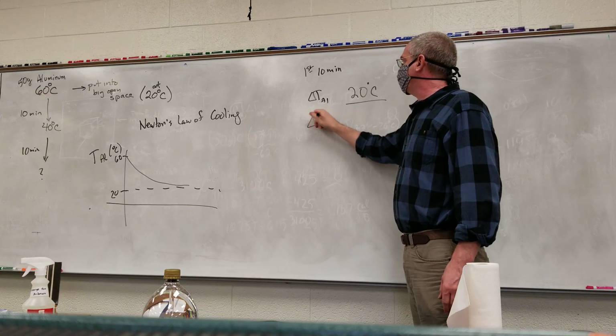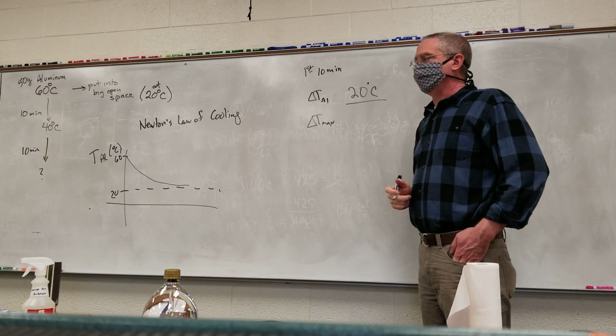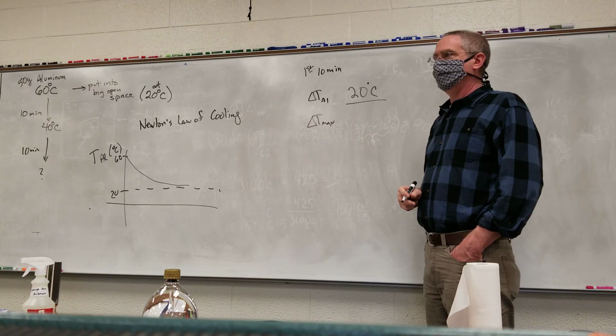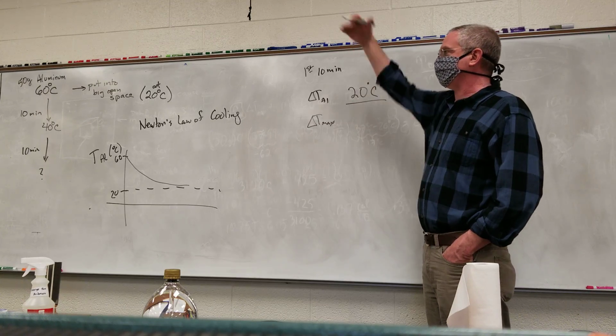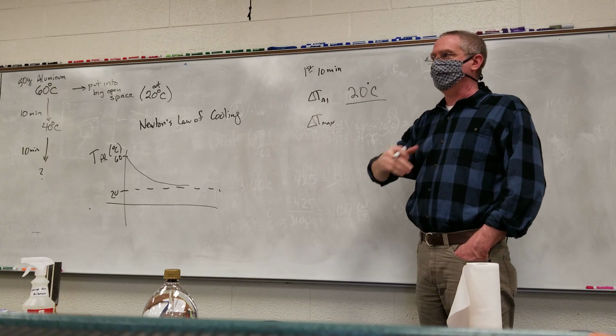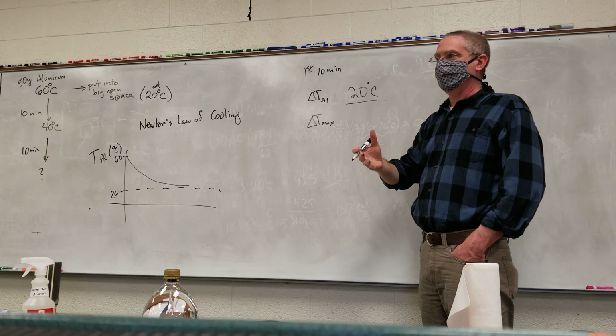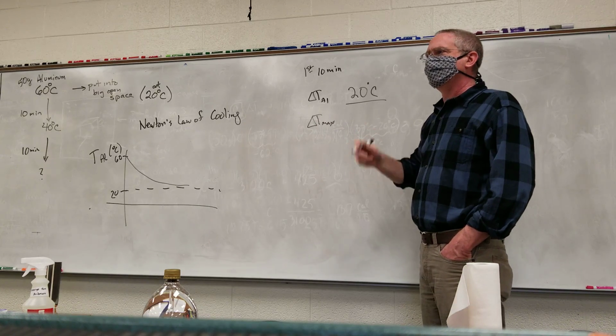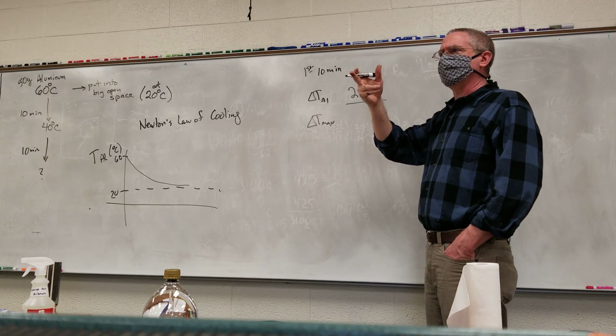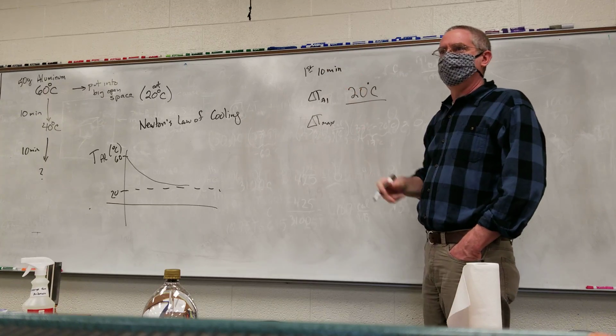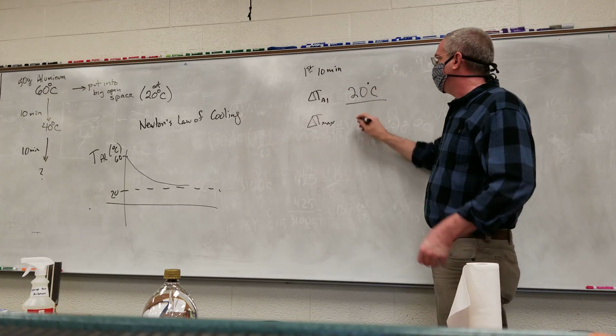What is the maximum amount of temperature that it can lose? It starts out at 60, and it's going into a room at 20. What's the maximum it could possibly lose? 40 degrees Celsius. Yep, 40.